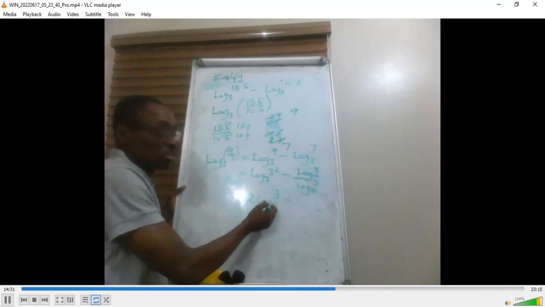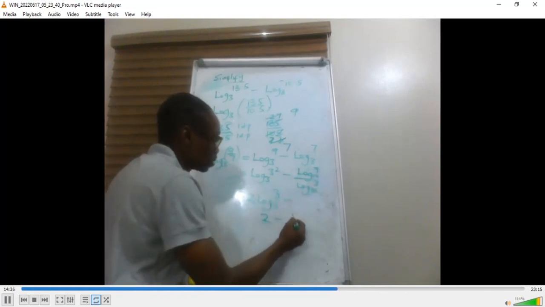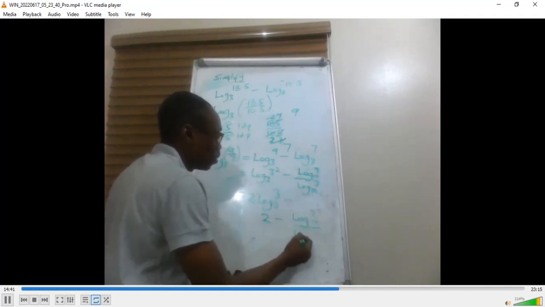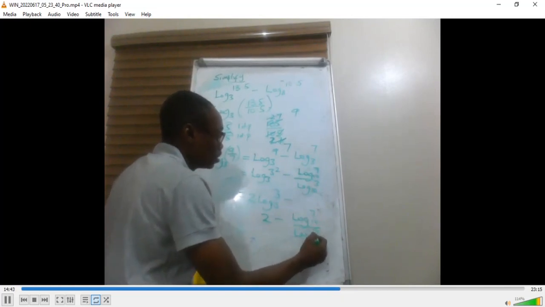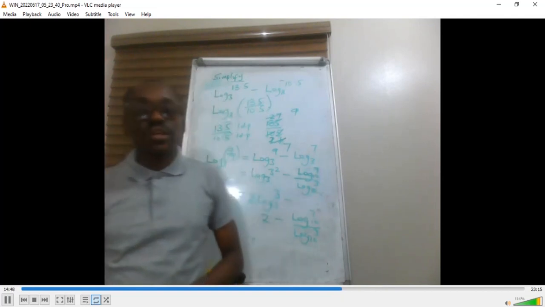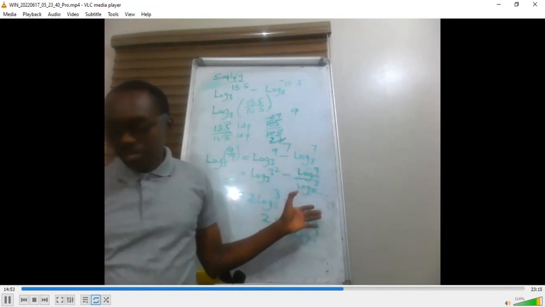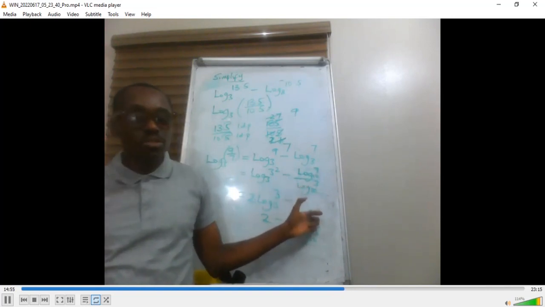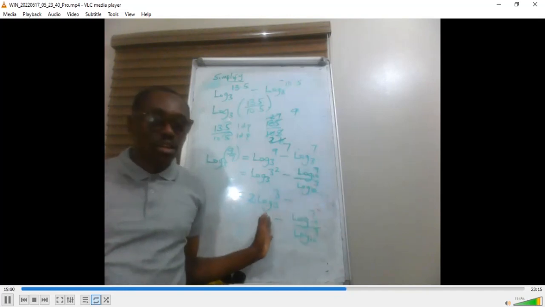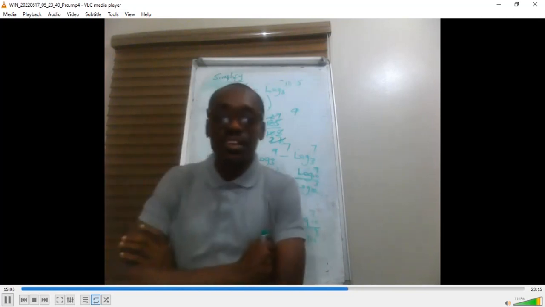Log 3 to base 3 is 1. 1 times 2 gives you 2 minus log 7 to base 10 all over log 3 to base 10. I don't have a calculator right now, so just find the value of log 7 to base 10 and the value of log 3 to base 10, divide, then subtract. That's 2 minus that value, whatever it gives you. That is the final answer.